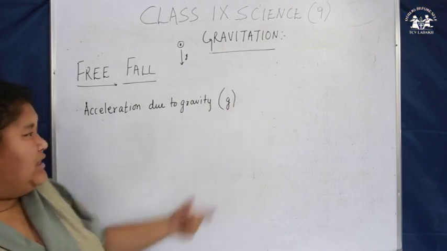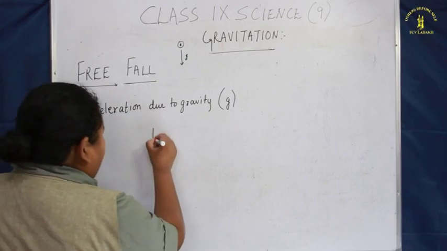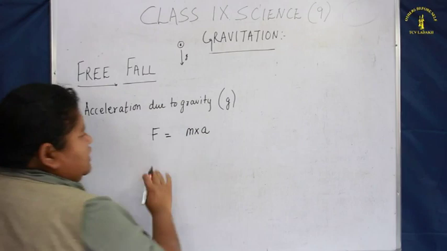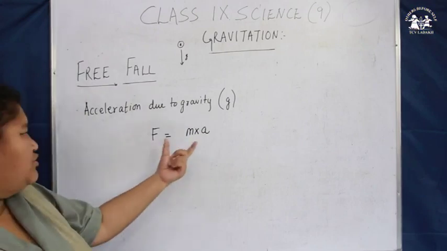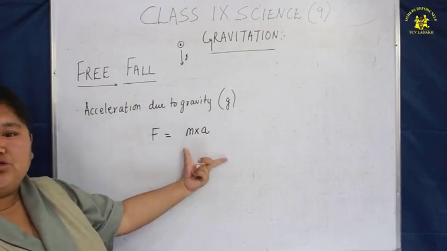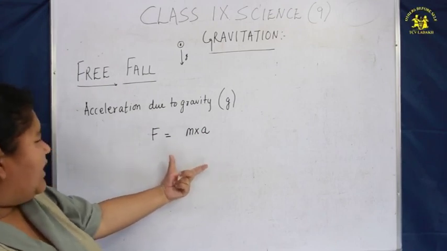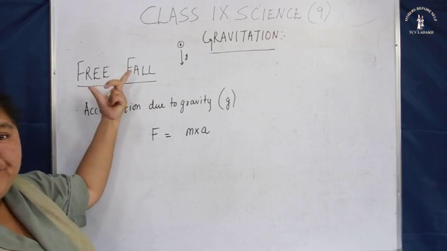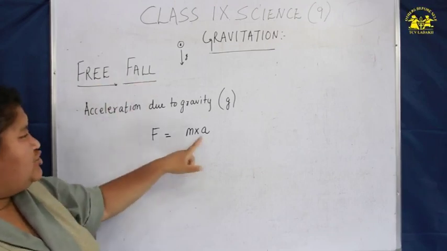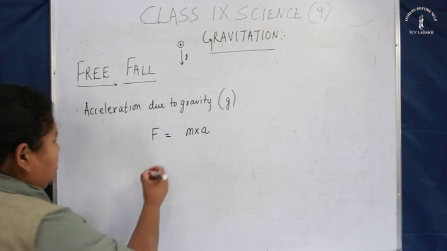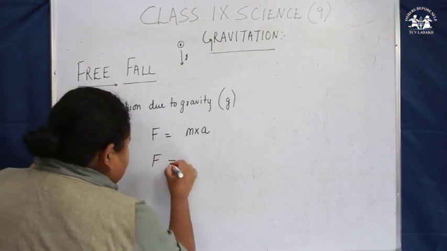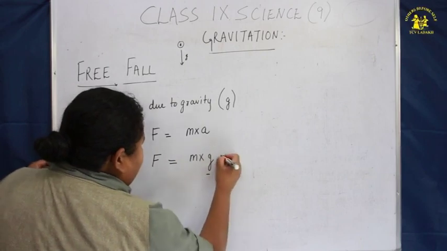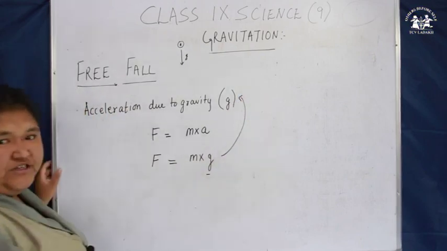Now we know that force is equal to mass into acceleration, because the second law of motion describes this mathematical expression, right? Okay, now since in the case of free falling objects the acceleration is due to gravity, we can also write it as F is equal to m into g, where g stands for acceleration due to gravity.